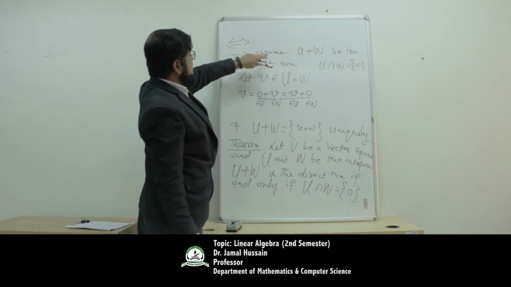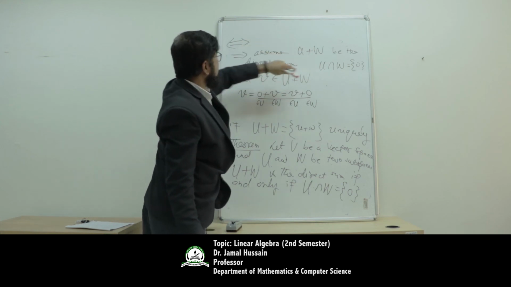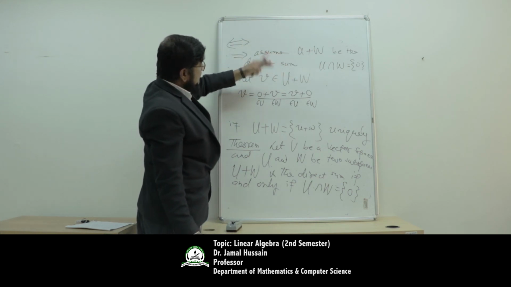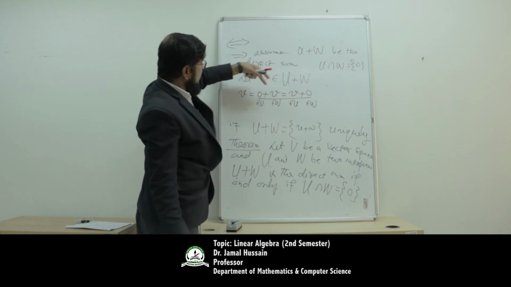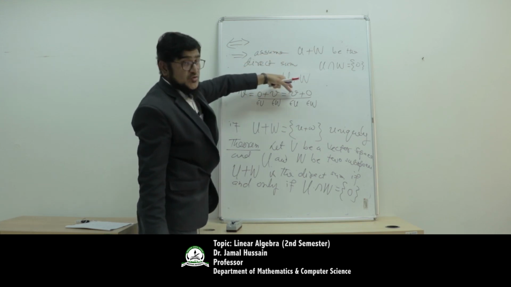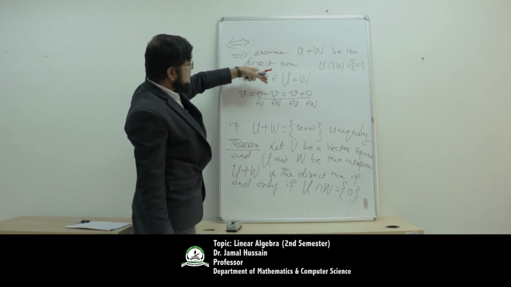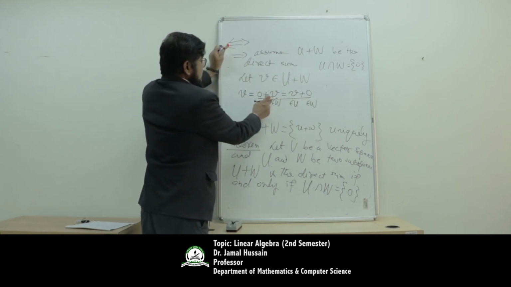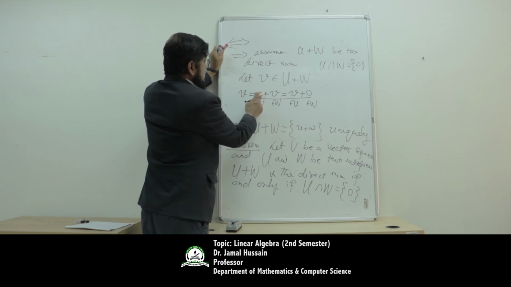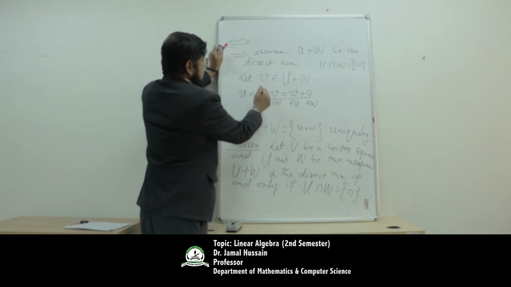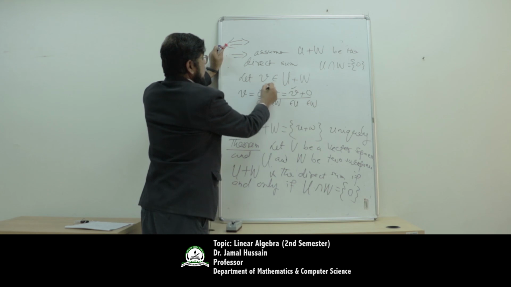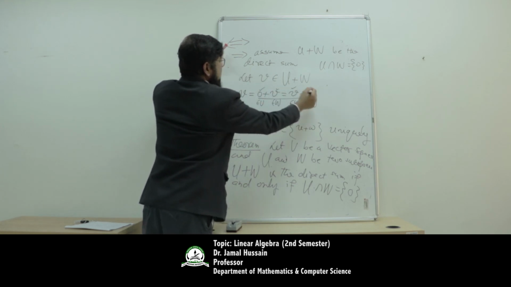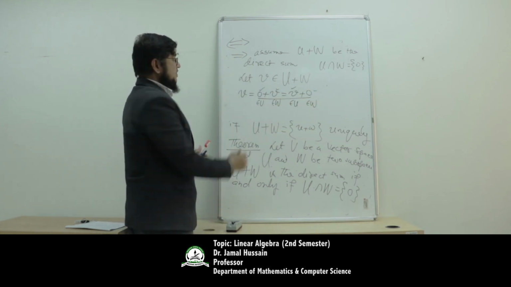But this assumption says that this is a direct sum, which by definition means the expression will be unique. That means these two must be the same way of writing. If these two are the same, then these two components must be the same. Similarly, this v must be 0 if it is a unique way.